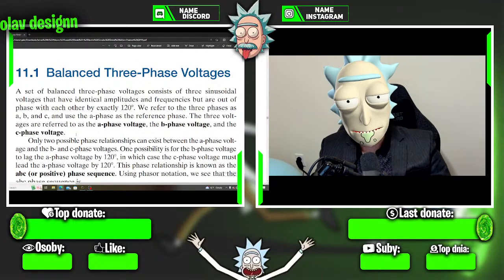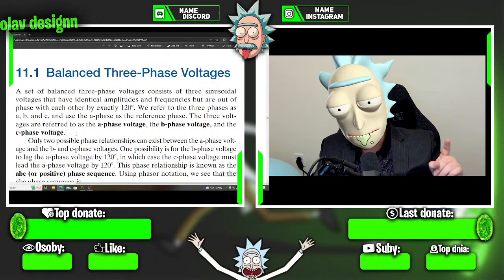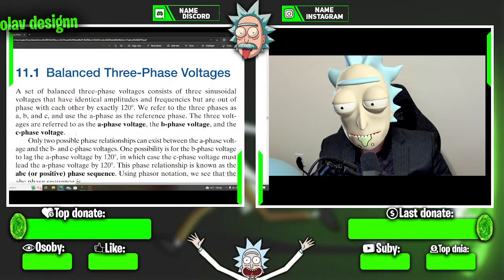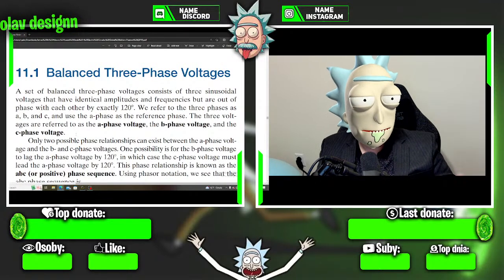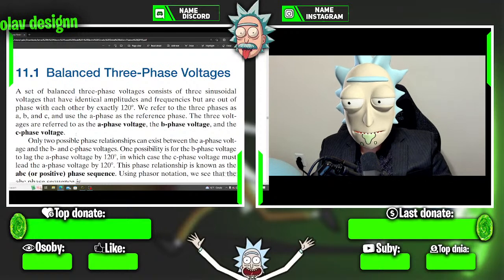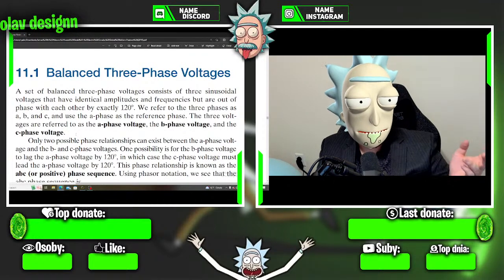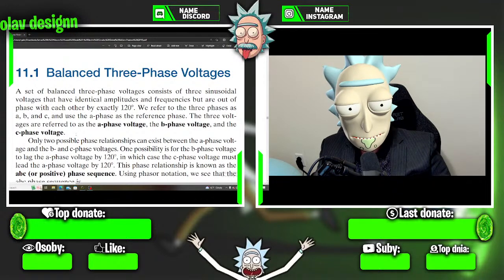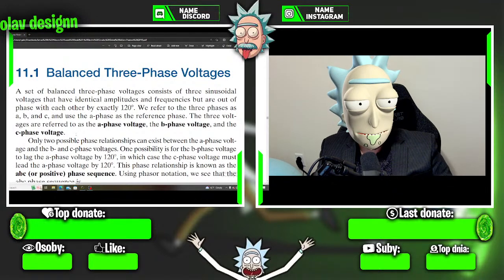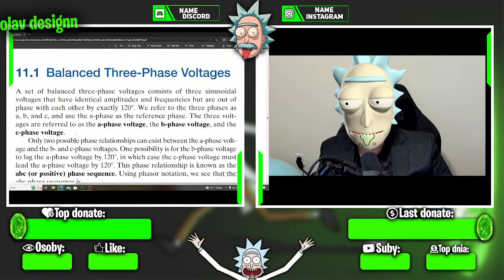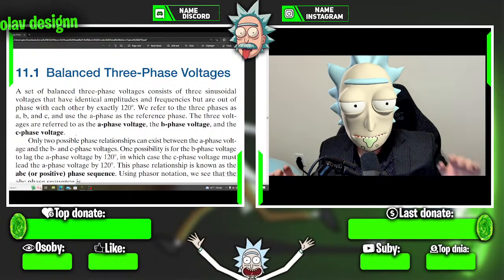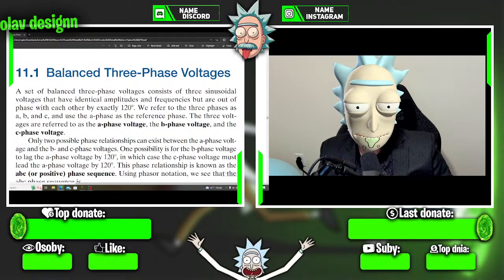If I shift them exactly 120 degrees apart and need A to be the reference phase, A will be 0 degrees, B could be either positive or negative 120 degrees, and C would be the opposite of B. So if B is negative 120 degrees out of phase, C would have to be positive 120 degrees. That way they're all 120 degrees out of phase from each other.